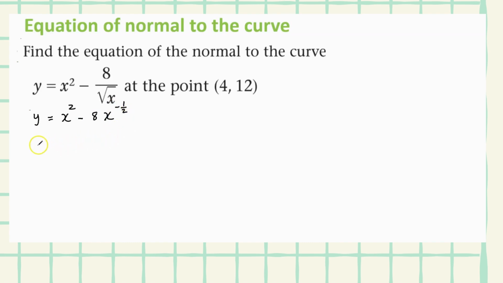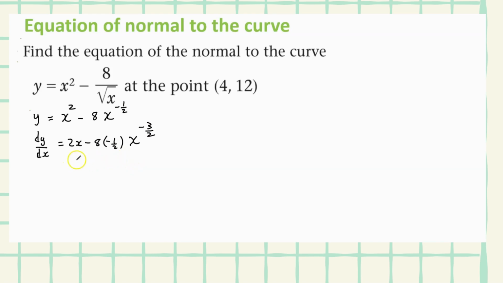So we can find the gradient. dy by dx equals 2x, and then we have minus 8 times minus a half, x to the minus 3 over 2. We subtract 1 from minus a half there.